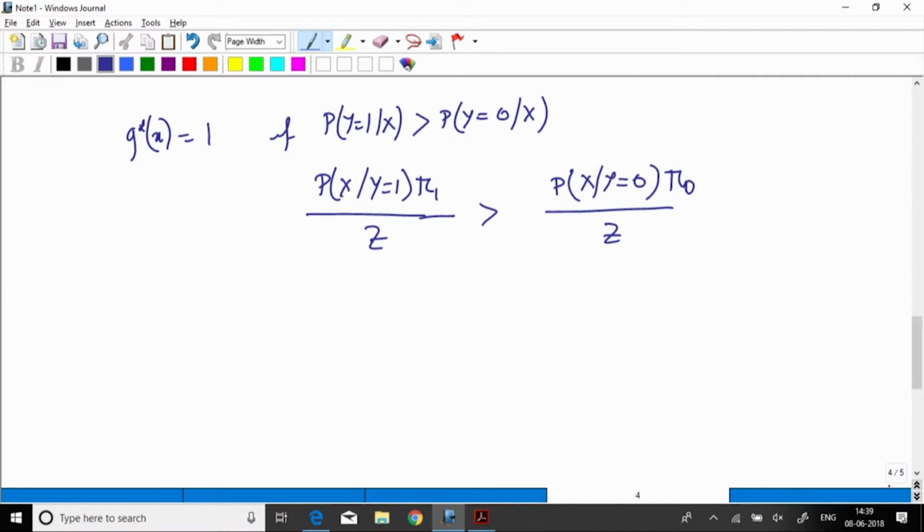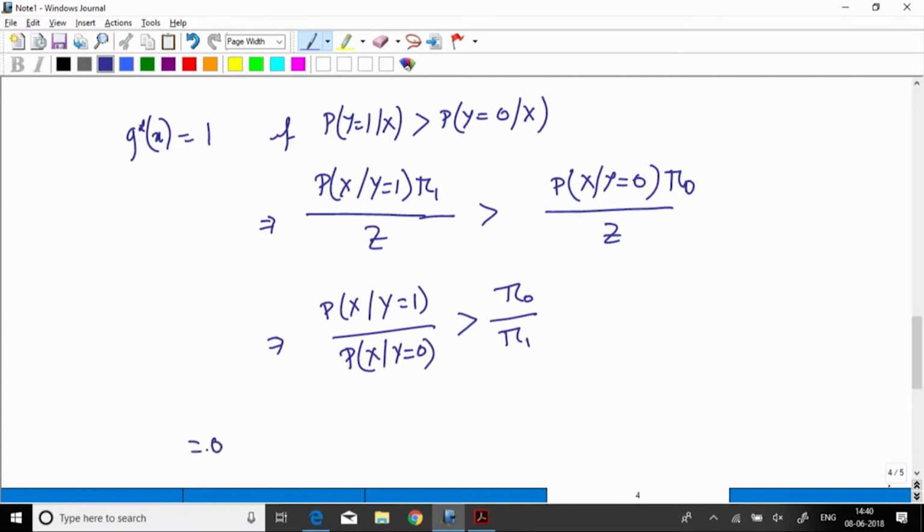So we can say that if the class density of class 1 by the class density of class 0 is greater than this, then this will be 1. Otherwise it will be 0.